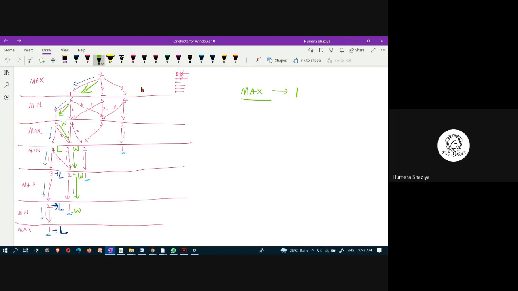Try to create a game tree for NIM in which Min plays first. For the same thing, here Max is playing first. You change this to Min and tell me what happens. Please start.